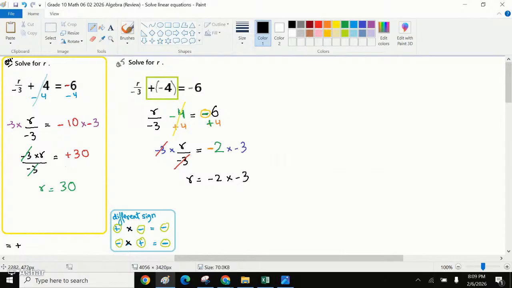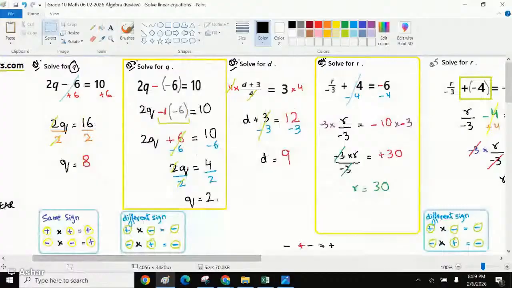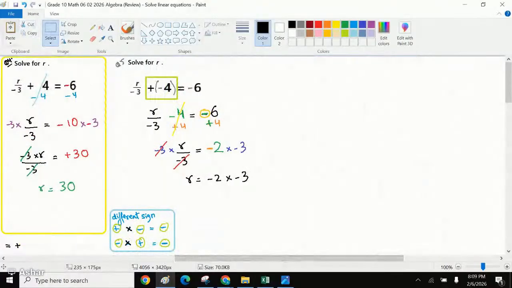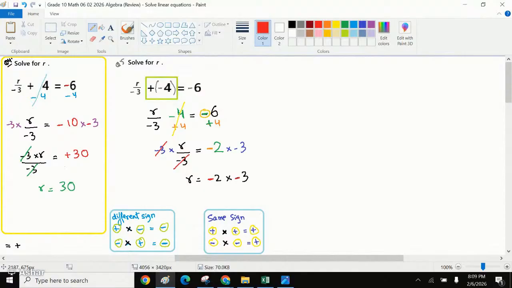And we know the rule for the same signs. I'll just copy the rule over here. The rule for numbers with the same sign was, whenever the numbers have the same sign and they are being multiplied, the result becomes positive. And 3 multiplied by 2 would be 6. That is your final answer.